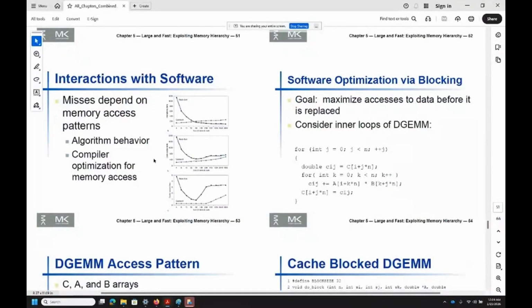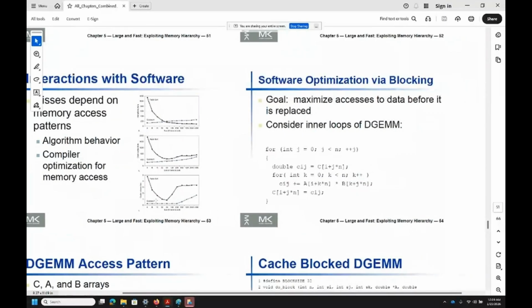So it depends on algorithm behavior and the compiler optimization for memory access. You can also do software optimizations via blocking, which is designing the data to be accessed in blocks. The goal is to maximize the access to data before it is replaced. Consider the inner loops of DGEMM, which is double precision general matrix multiplication.